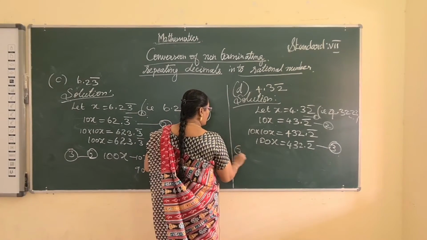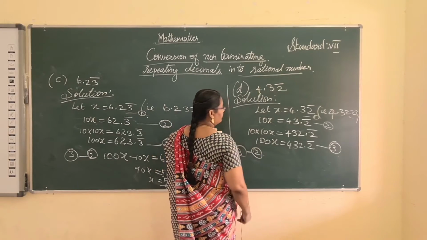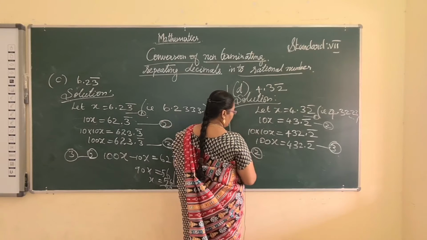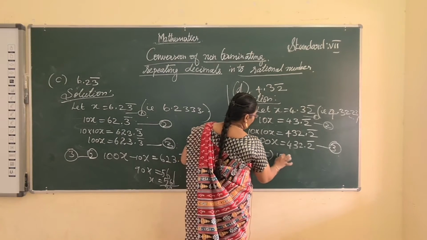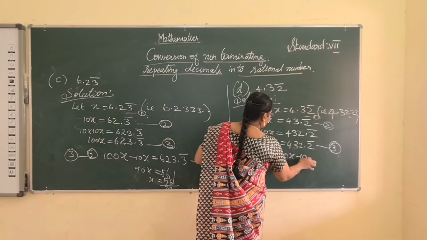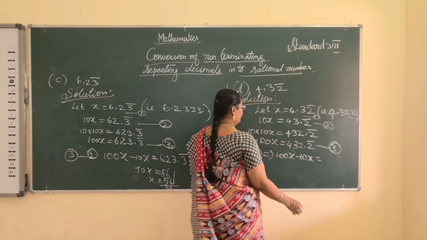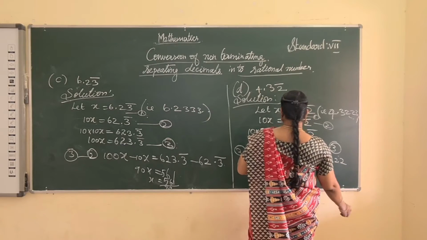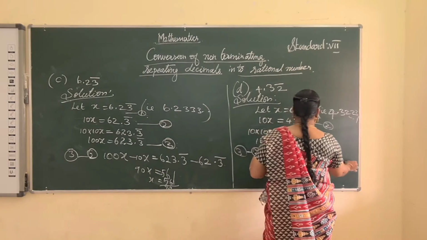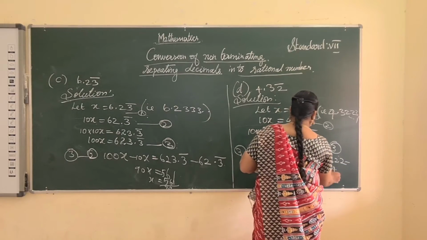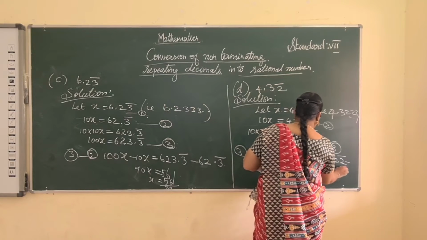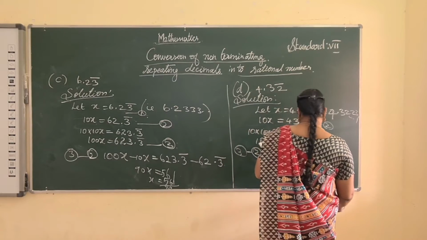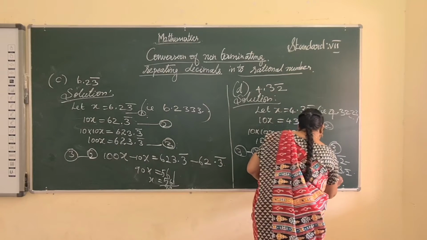Now the second equation is subtracted from the third. So 100x minus 10x equals 432.2 minus 43.2 bar. So what we get is 389.